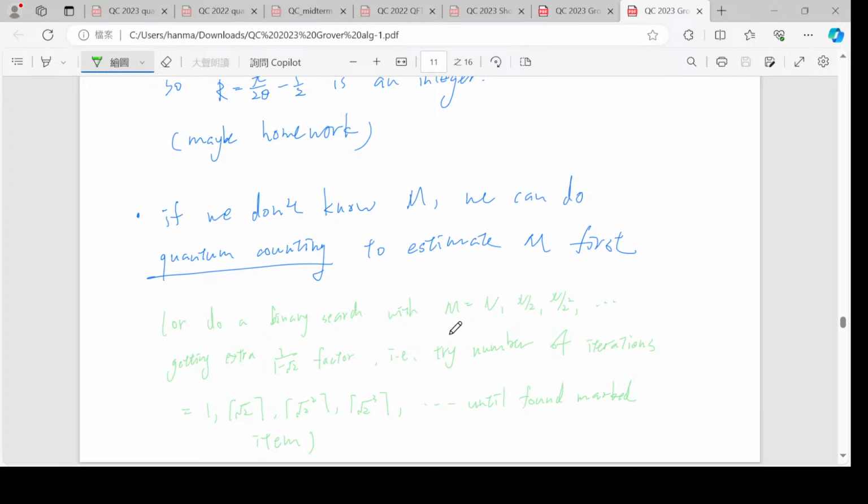So you start with assuming m equal to n, and then m equal to n over 2, and m equal to n over 2 squared, etc.